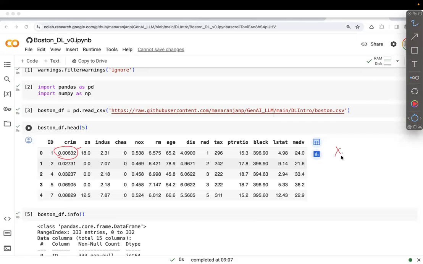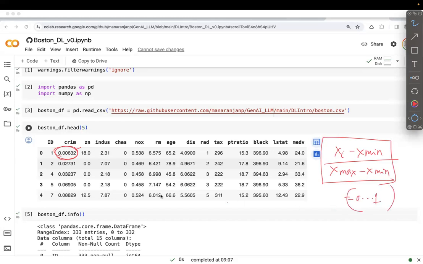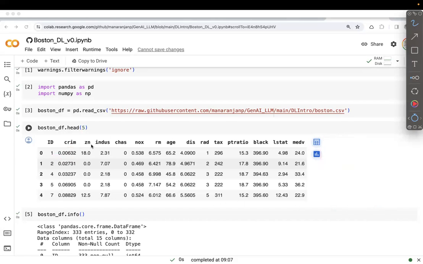So you take any xi minus x minimum, divide by x max minus x minimum, right? What is the value here with respect to the minimum and the maximum crime rate? Okay, so this value of course will always be between 0 and 1. So if you do a min max scaling, it will always be 0 to 1.